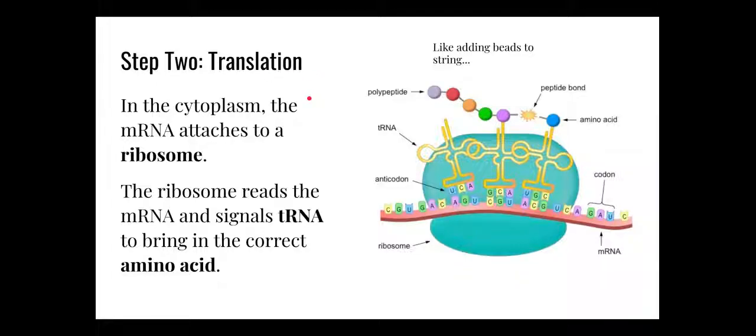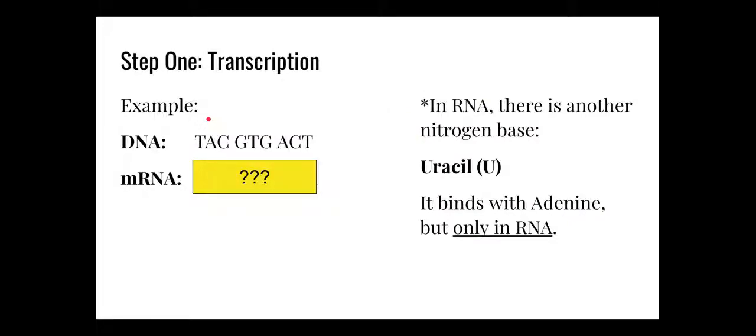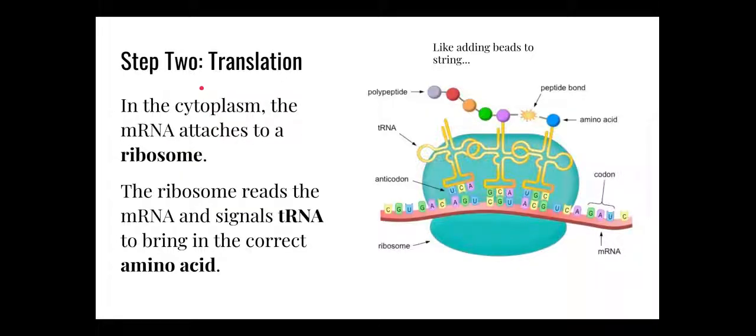So what happens during this translation step? During translation, we're going to see this happening in the cytoplasm. So transcription happened in the nucleus of our cells, but translation happens in the cytoplasm. After our DNA was transcribed into mRNA, that mRNA traveled through the membrane of the nucleus into the cytoplasm.